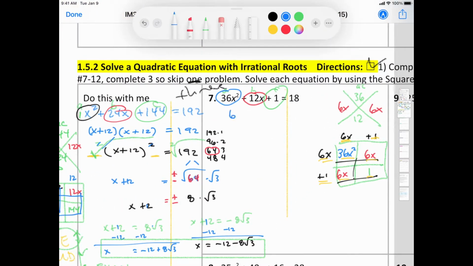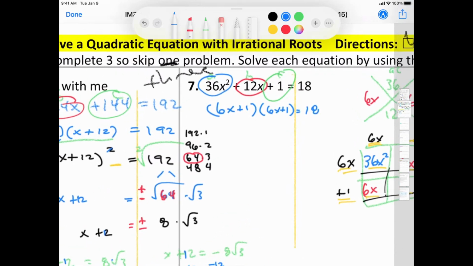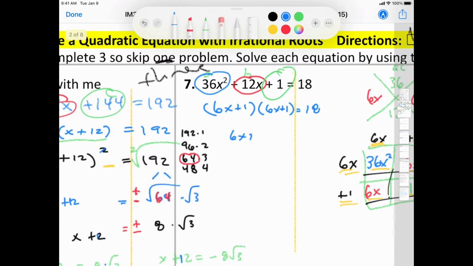So we have 6x plus 1 twice, and we can just write that together, squared. Remember, it is now isolated, so now you can take the square root.